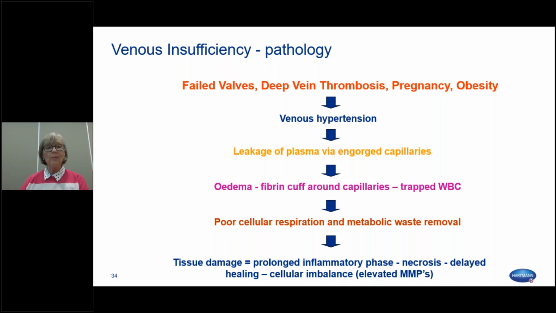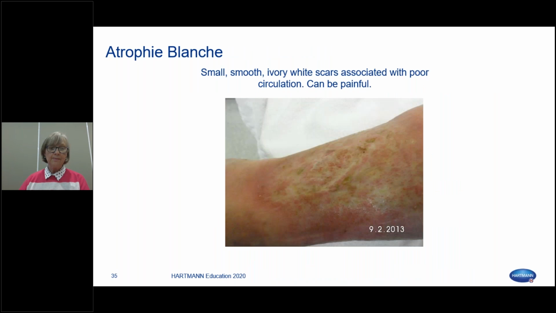And we talked last week about the damage that elevated MMPs, or matrix metalloproteinases, and other proteinases can have on the tissues. So it's just a nasty situation leading to tissue breakdown and ulcer formation.